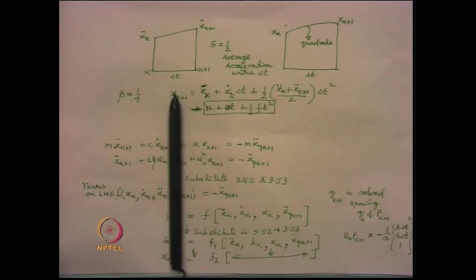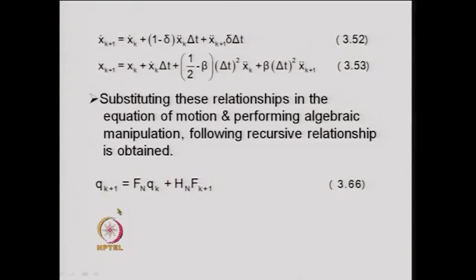So, this can be written in a compact form like this, that is q k plus 1 is equal to a matrix f n into q k plus h n into f k plus 1. So, f k plus 1 is the load that is acting at the k plus 1th station, and q k is completely known, that is the displacement, velocity and acceleration at the kth time station, and with the help of that we can obtain the value of the response at the k plus 1th time station.